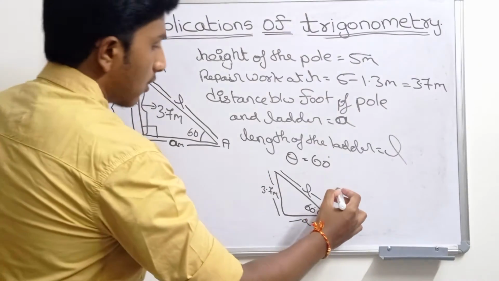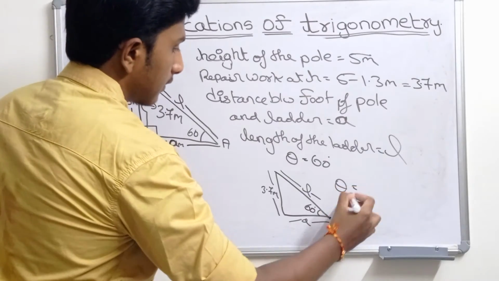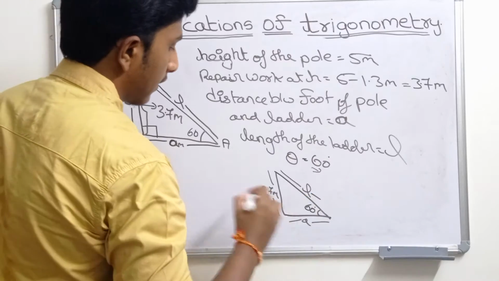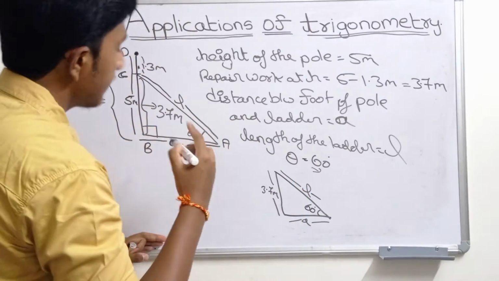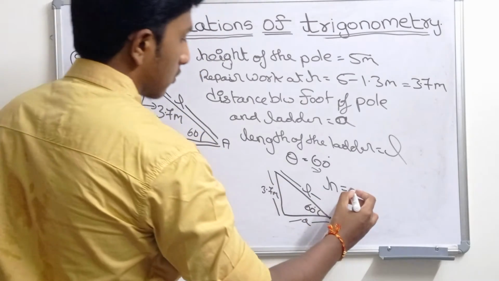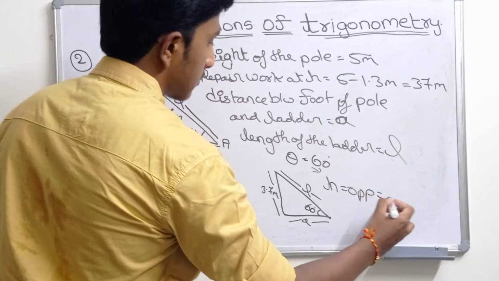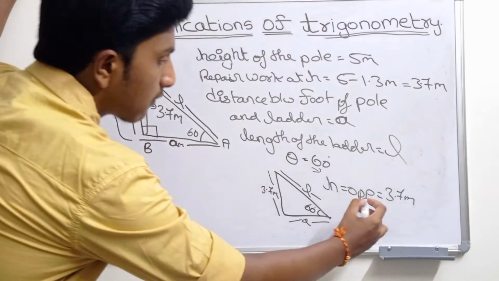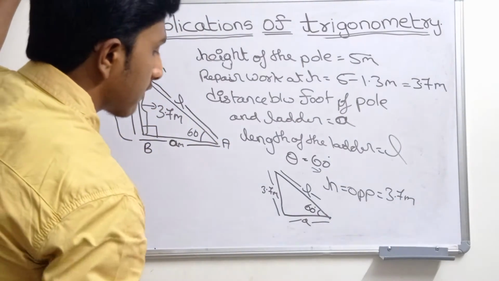We have the value of theta, and we have the height of the pole, which is the opposite, equal to 3.7 meters.